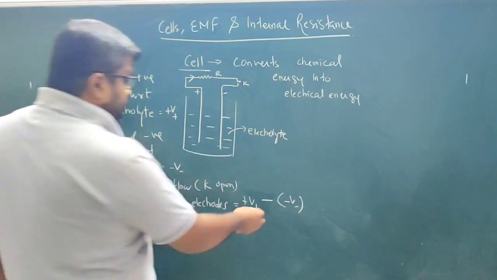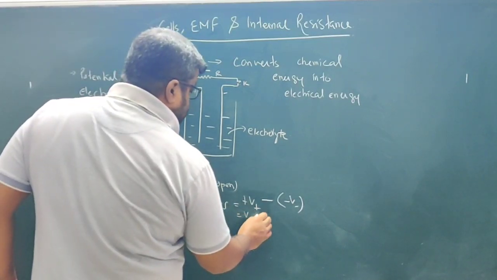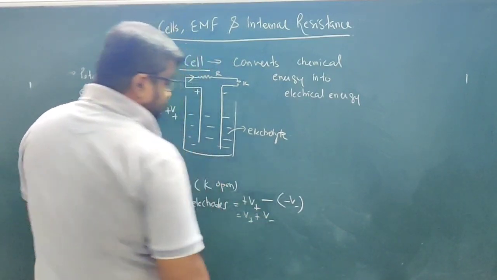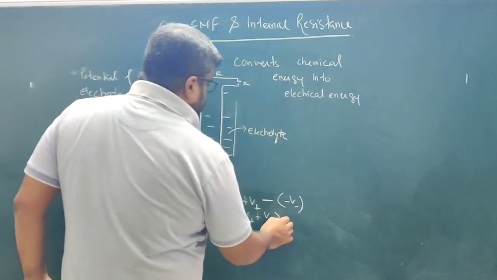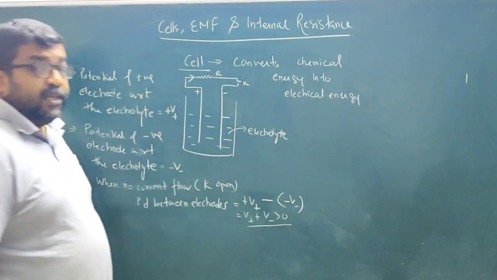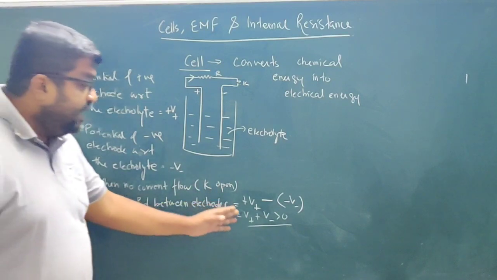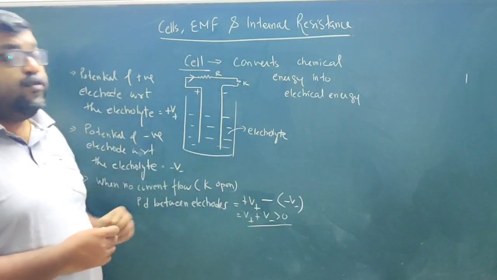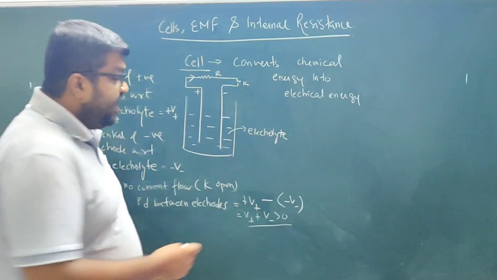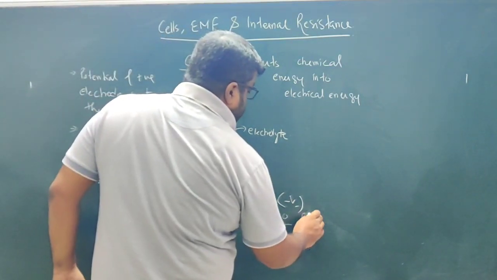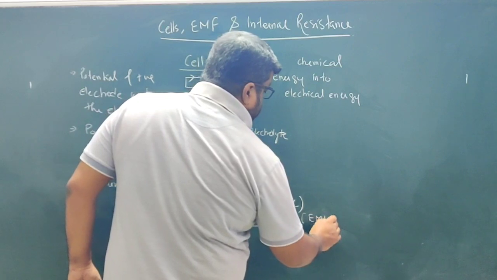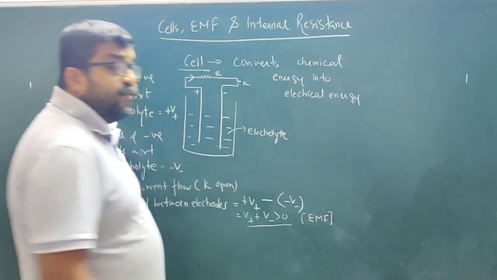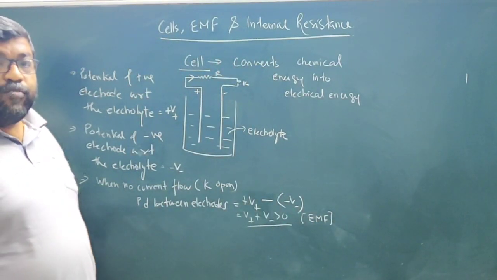So obviously this quantity will be equal to V plus plus V minus, and this will be a quantity which is greater than 0. And this potential difference between the two electrodes when no current is flowing in the circuit is called EMF, electromotive force.